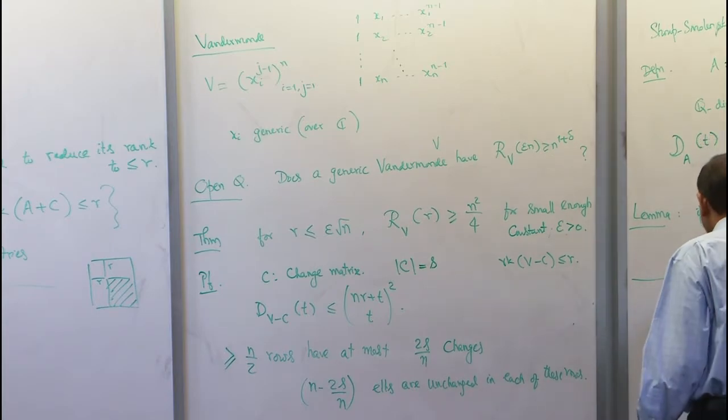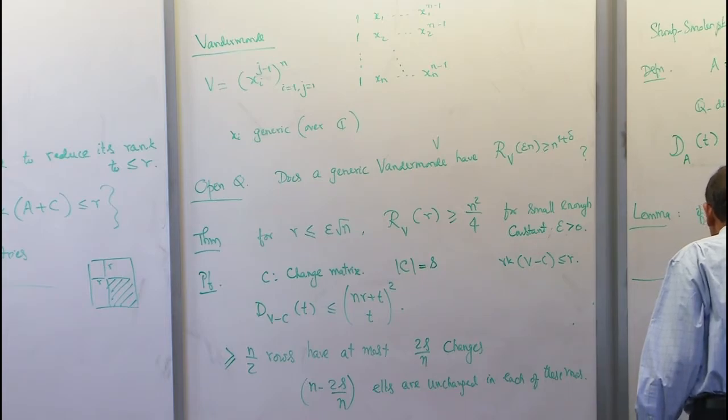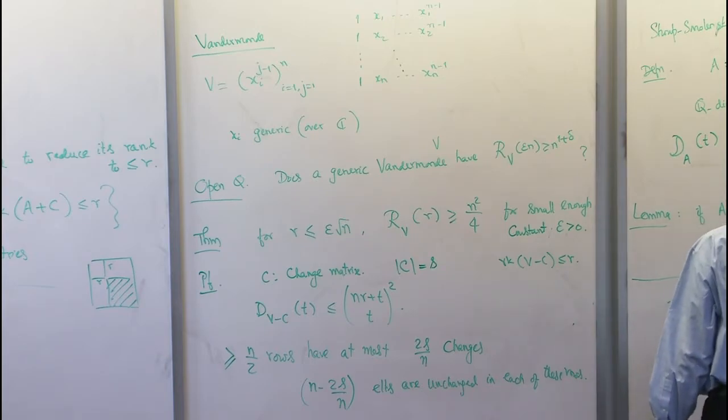So what we know is, I'll write N over 2 now, is at least that many.